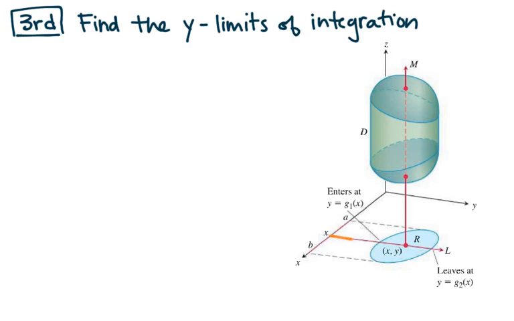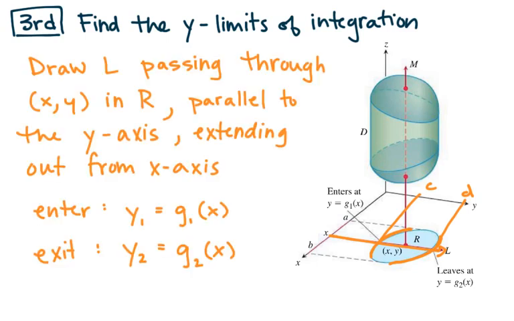We come off the x-axis parallel to y along this line L to pass through x, y, that point in my region R. We enter at y equals g sub 1, a function of x, and we exit at y equals g sub 2, a function of x. Those give me, in a sense, what we might have previously referred to as c and d.